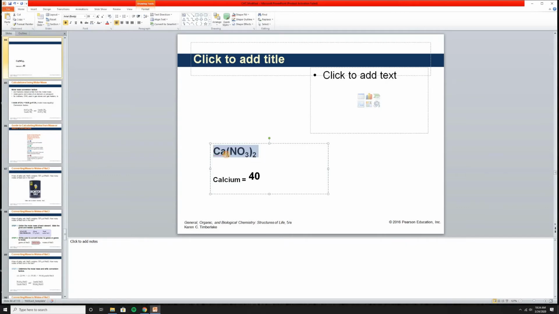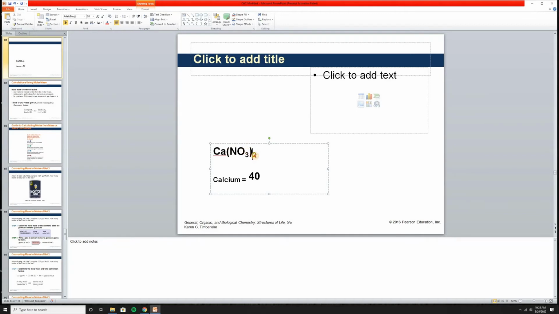Now, this part, we have parentheses. So this is saying that for NO3, we have 2 NO3s, meaning we could take the molar mass of NO3 and multiply it by 2. That's what it means. Or we can distribute this 2 into nitrogen, make it N2, and then make this O6. Distribute it into oxygen as well.